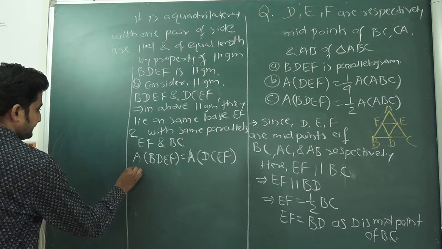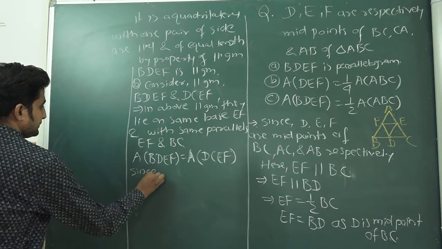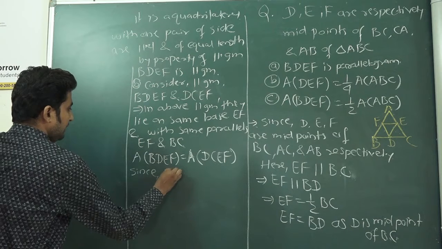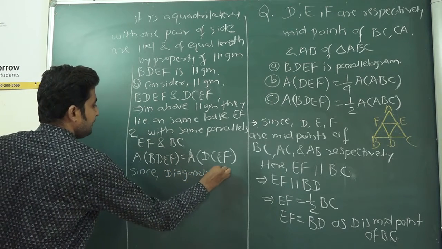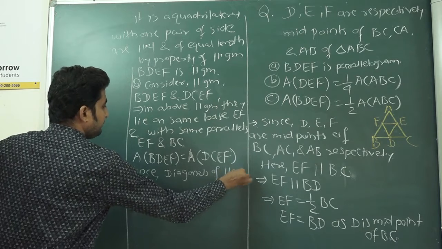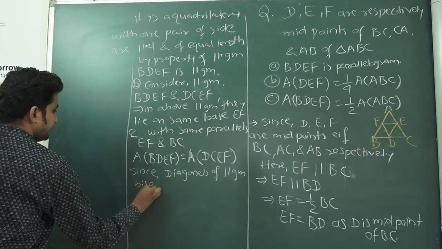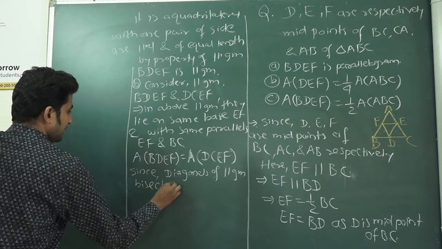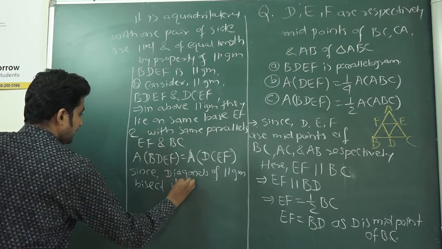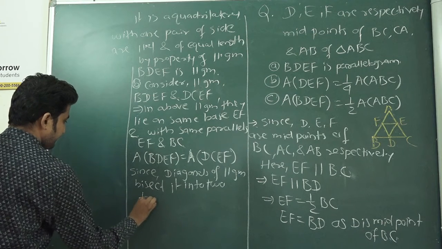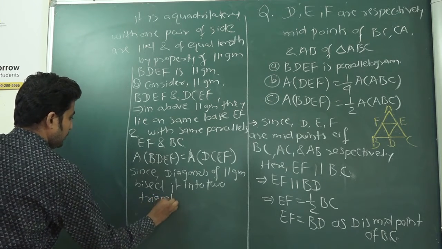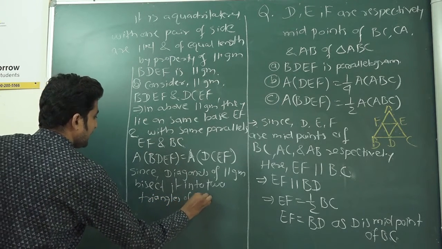Since diagonals of a parallelogram bisect it into two triangles of equal area.